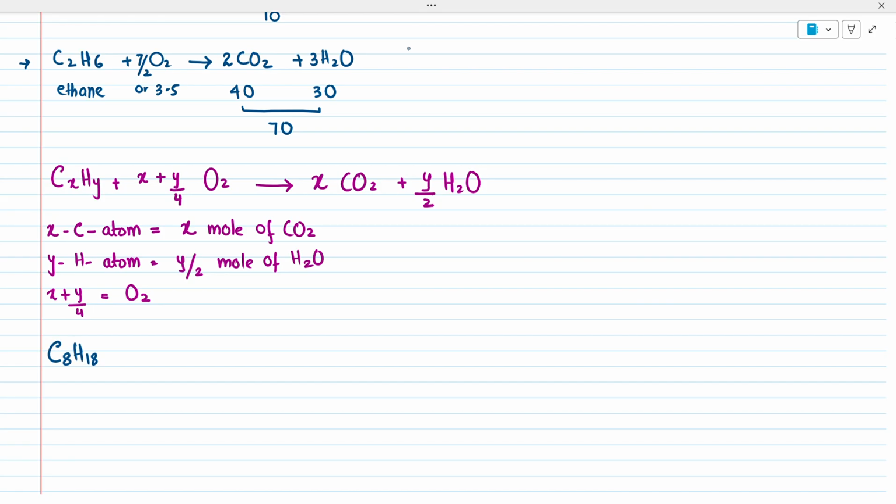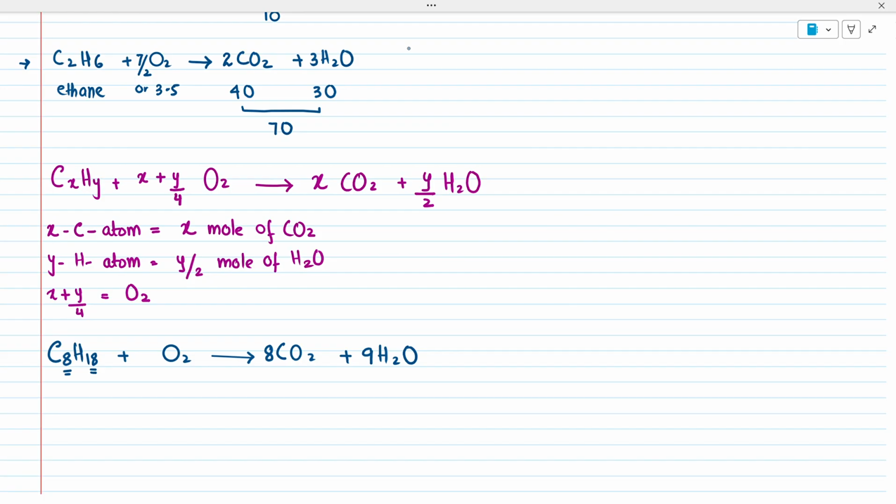Likewise, for example, if we have octane, C8H18, and you have to complete and balance it, what do you have to do? First, write the unbalanced equation. 8 carbon atoms, so it will produce 8 moles of carbon dioxide. 18 hydrogen atoms, so it will be 9 moles of water molecules.